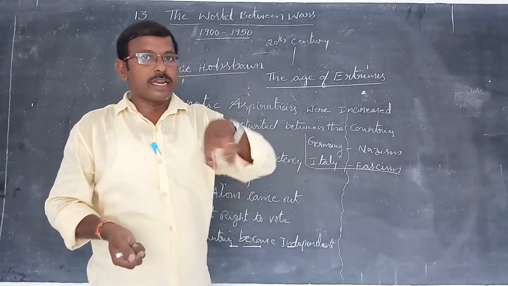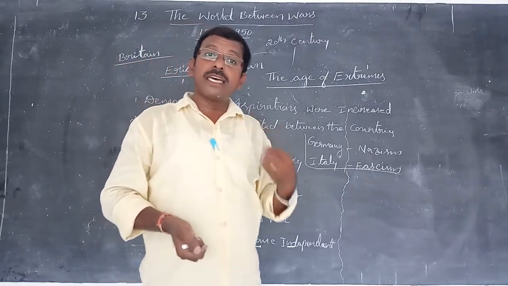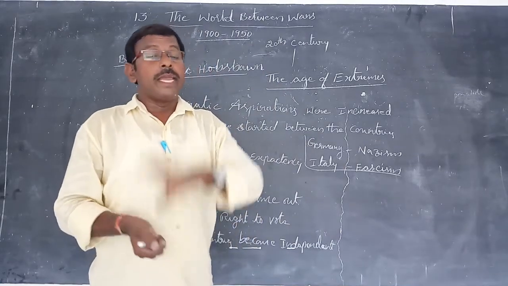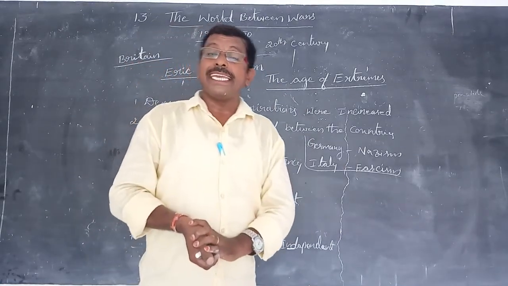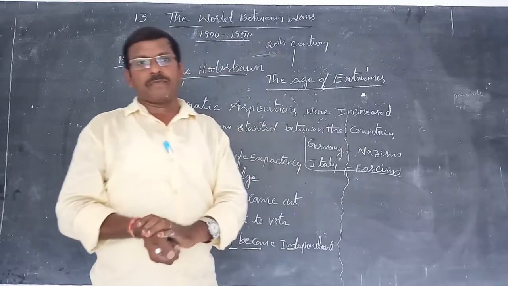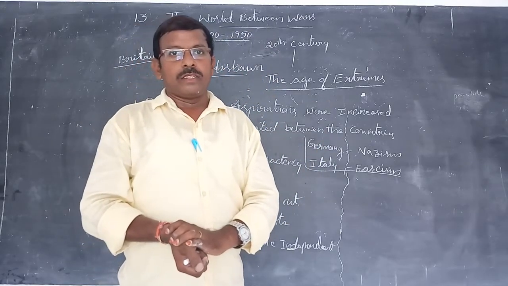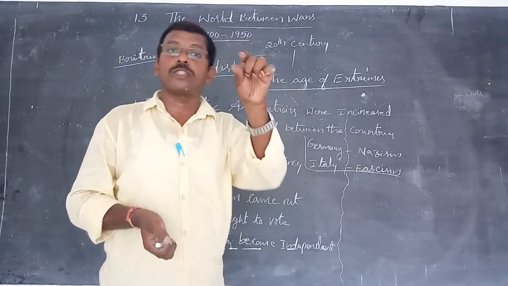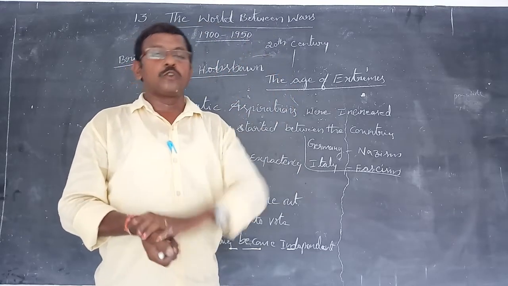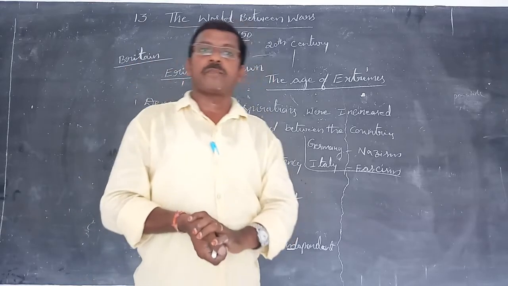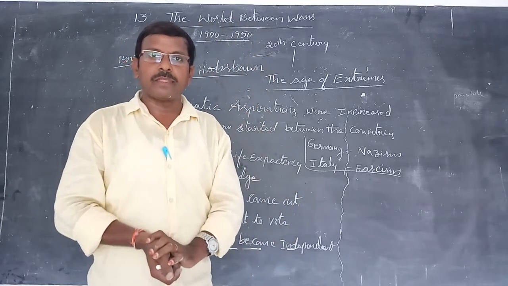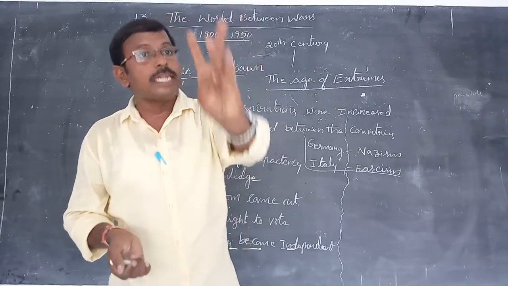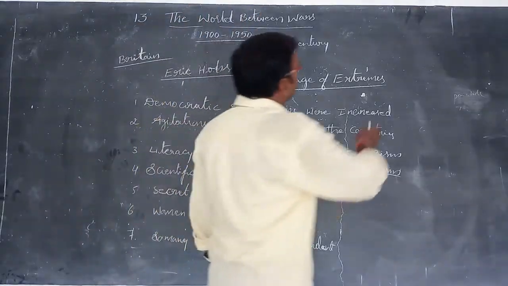The countries developed and became democratic countries based on the main principles of liberty, equality and fraternity. There were a lot of changes in society based on these three principles.